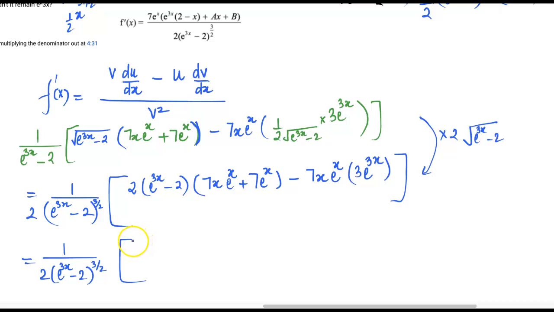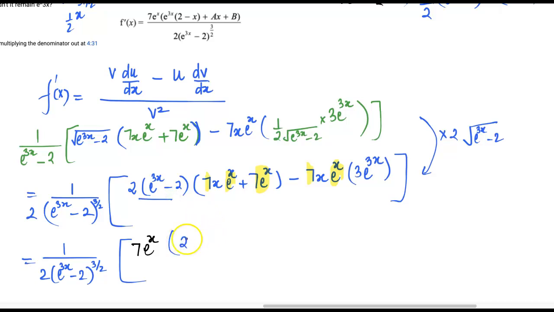Shall we take anything common from this particular point? I think we can take something common now. So the common thing is 7 e to the power x. We're going to be taking 7 e to the power x. Rest, this is going to be copied as it is.